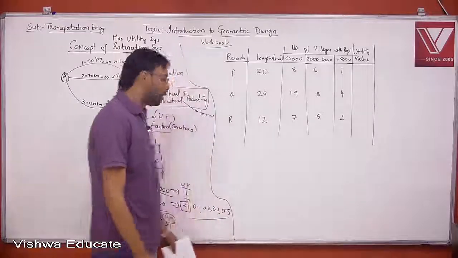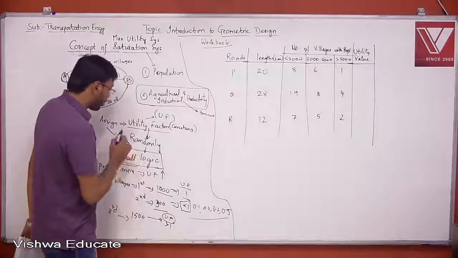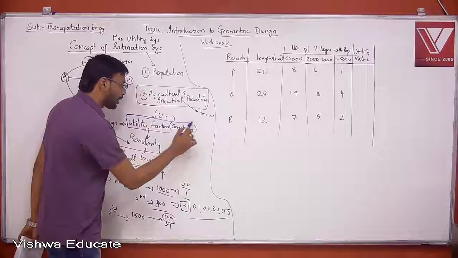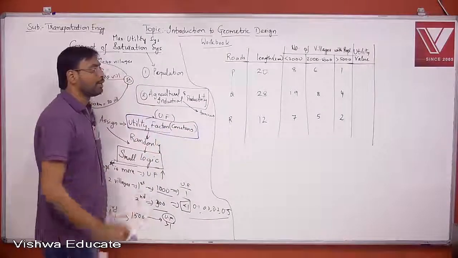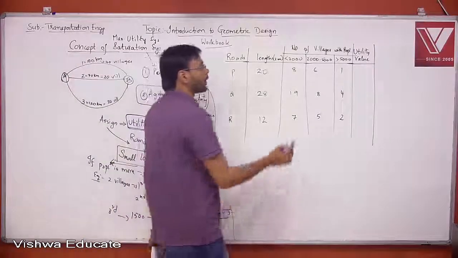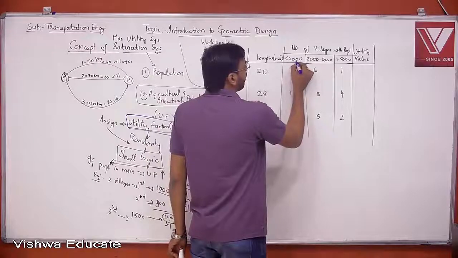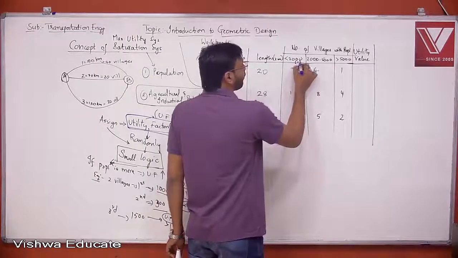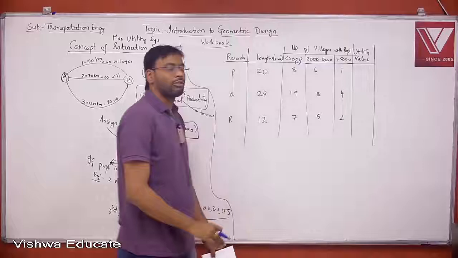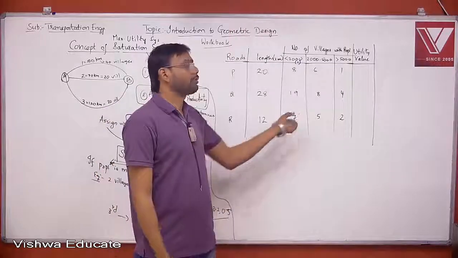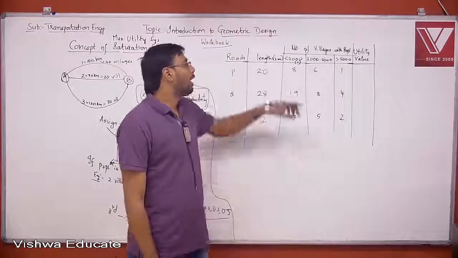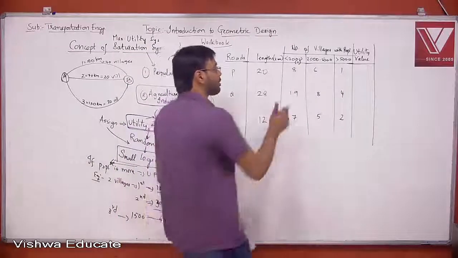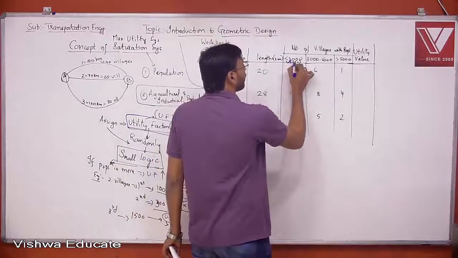First, as I said, you need to assign the utility factors, constants. That is my first job. So for example, I am assigning a utility factor of say 1 for this. So if a village has a population which is less than 1000, I am giving the utility factor as 1 for that category.